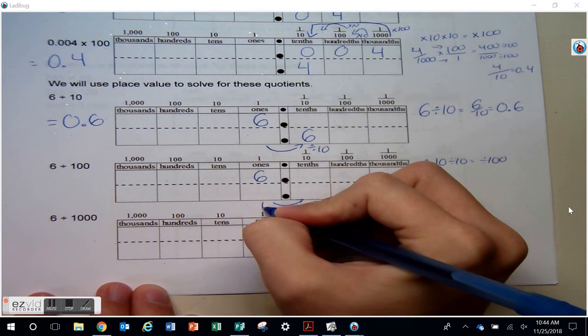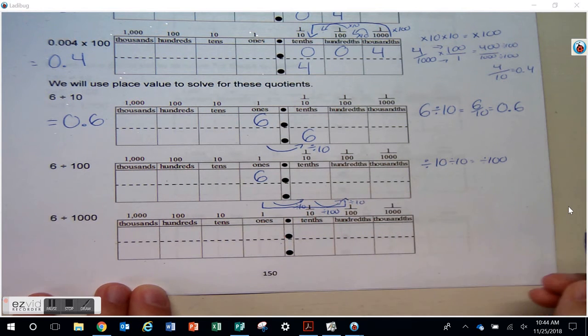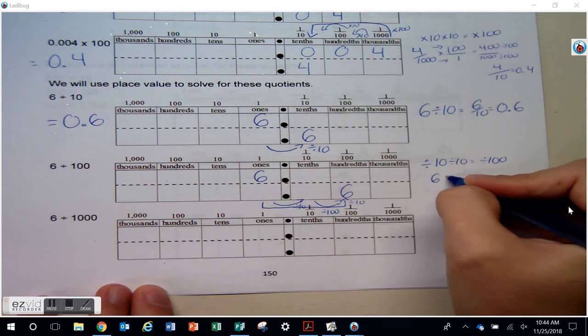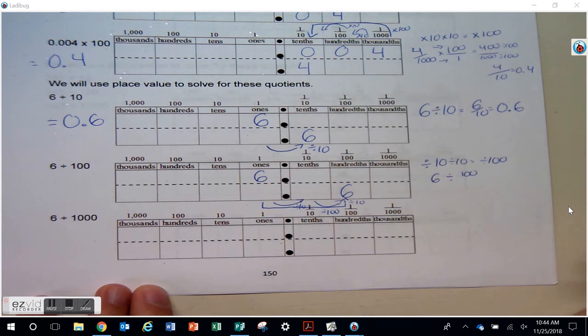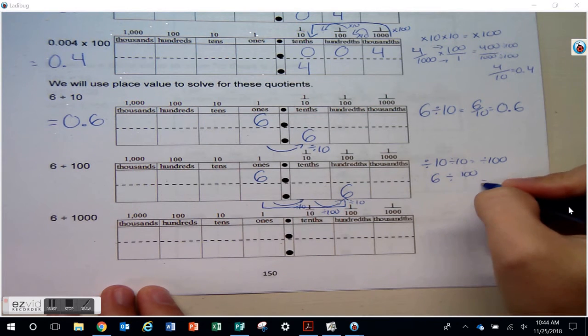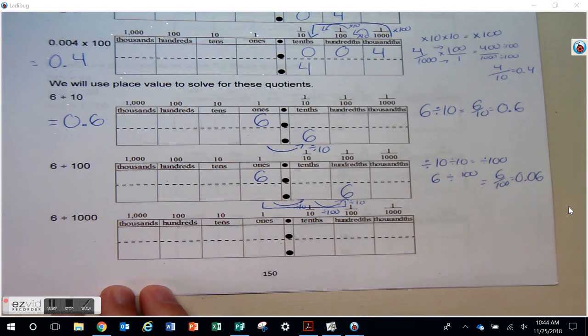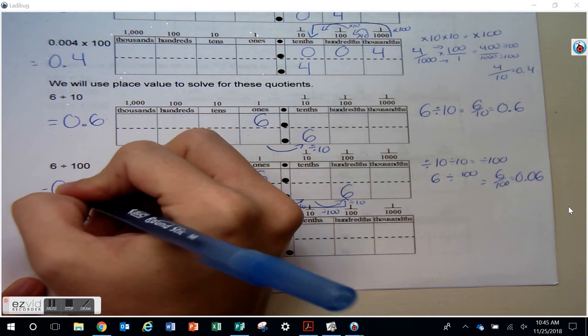So 6 divided by 100. Ooh, here's some work for us. Let's see. 6 divided by 100 equals 6 hundredths. That's right in the correct spot.